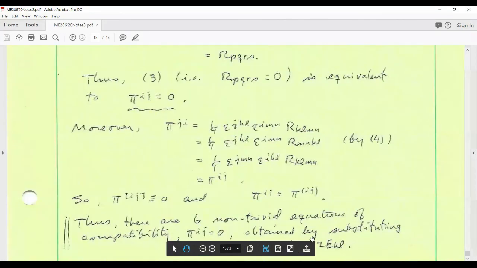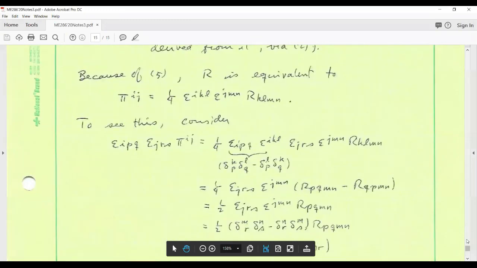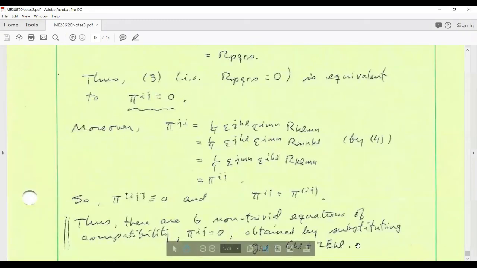That gives you six equations that restrict the 6 variables E sub KL, because E is symmetric as well. And that gives you a set of nonlinear, in the general context, differential equations, second order in the strain derivatives of strain, that must be satisfied.